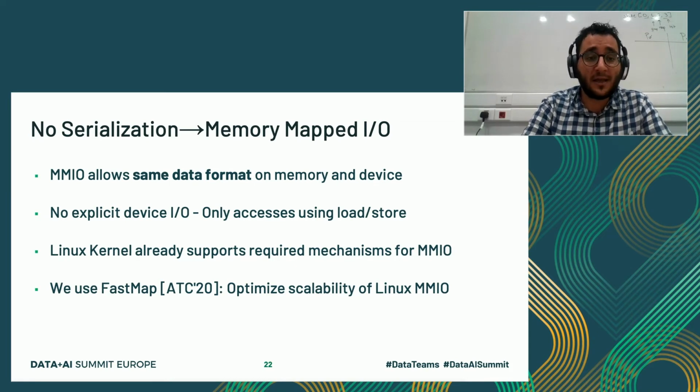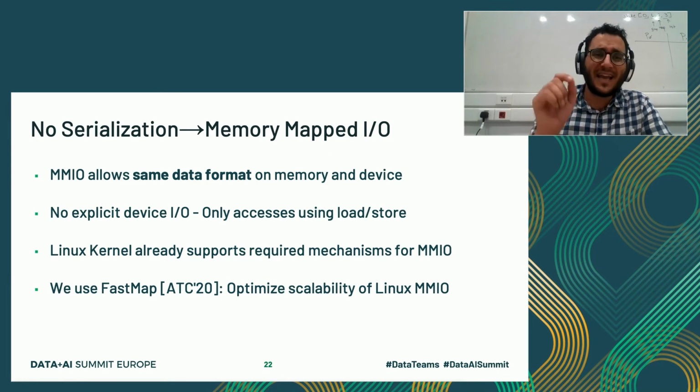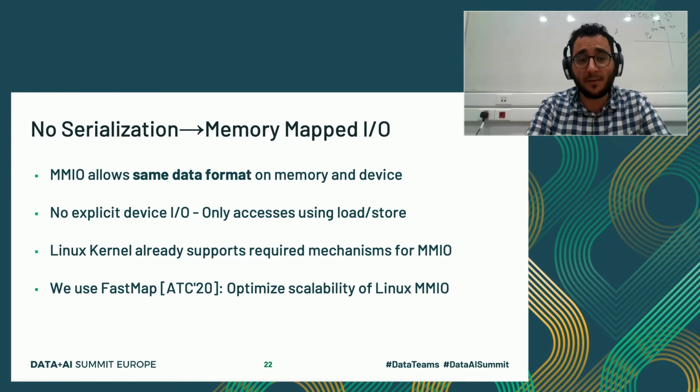The Linux kernel today already supports the required mechanism for memory mapped I/O, but in our design, we use FastMap. FastMap optimizes the scalability of Linux memory mapped I/O. If you want to read more about FastMap, you can read the ATC paper.